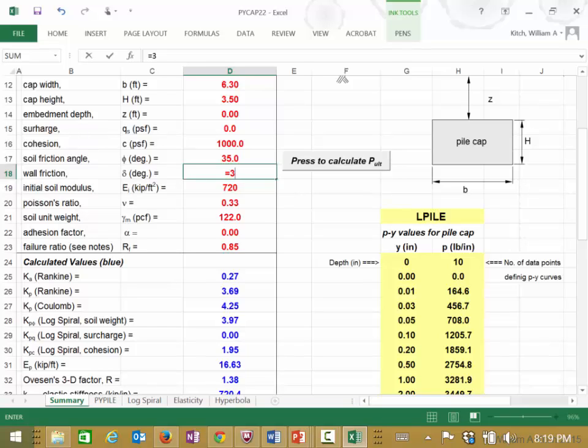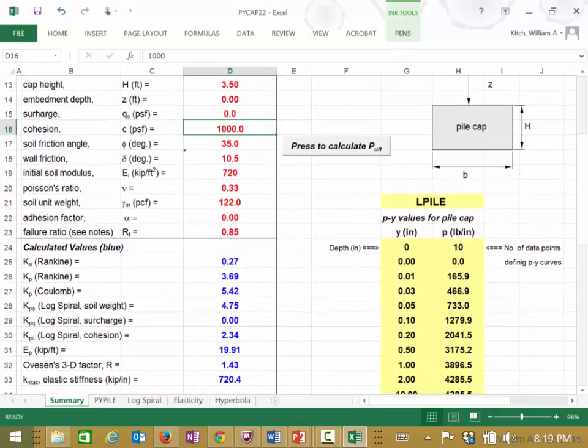Did I put a 3 or no? I didn't put a 3. That's 0.3 times this value. You can do that, or you can just put in a value. It does it for cohesion too, so be sure to zero out the cohesion term if you want. Well, I'll leave a cohesion term in there.